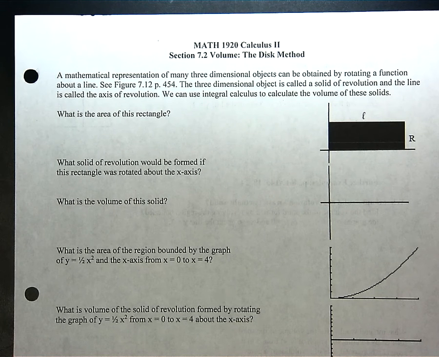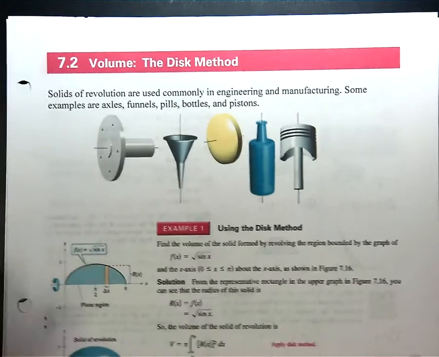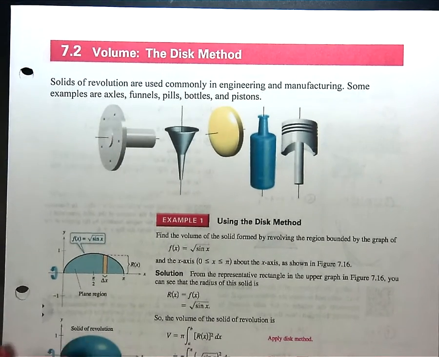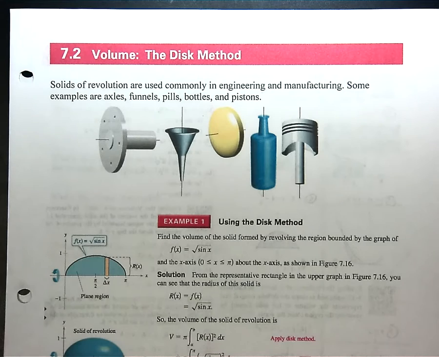I brought with me the first page of 7.2 just to say, yes, solids of revolution exist in real life. A lot of things that have symmetry come from rotating something about either the x or the y axis.